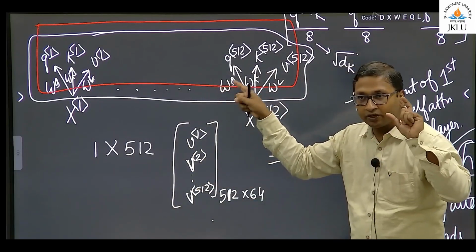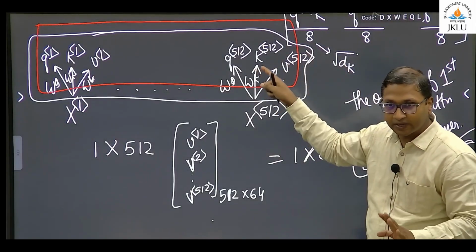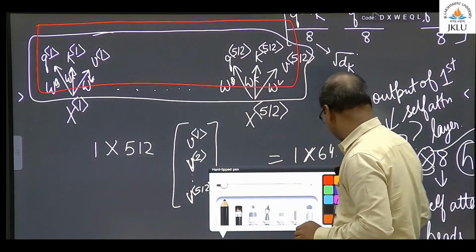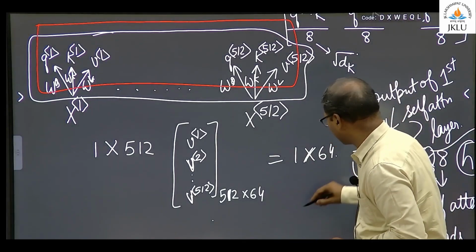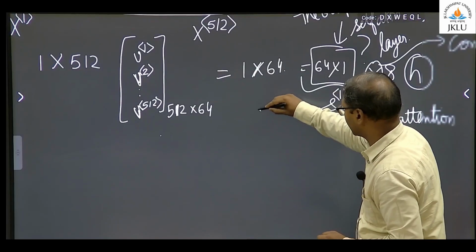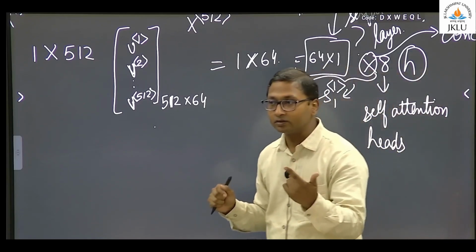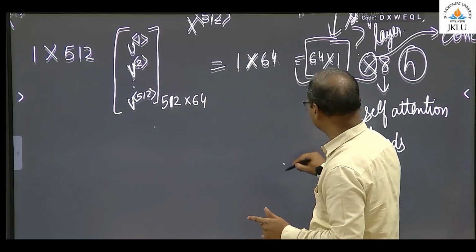Each depth is giving you a vector of size 64 cross 1. There are 8 of them, that gives you 512 cross 1. So finally what we get is a 512 cross 1 vector. And this is the output of my multi-head self-attention.